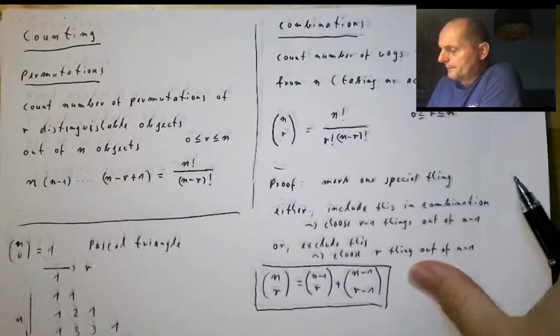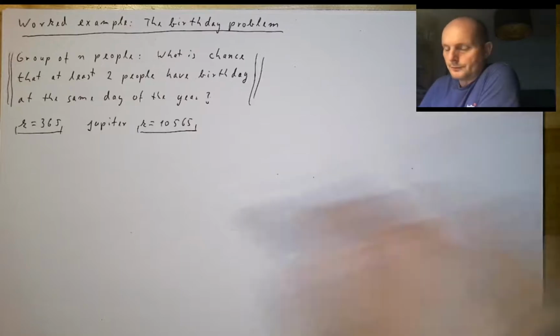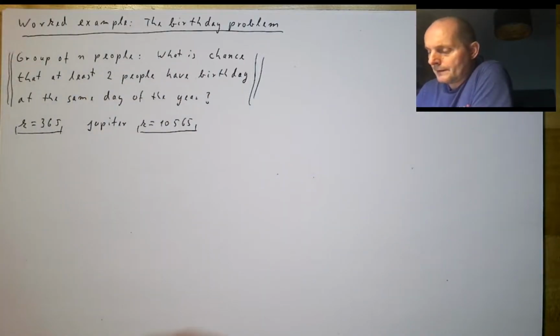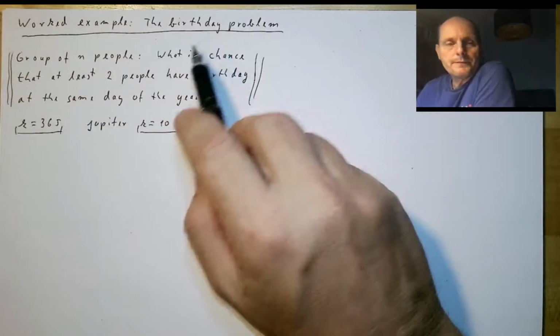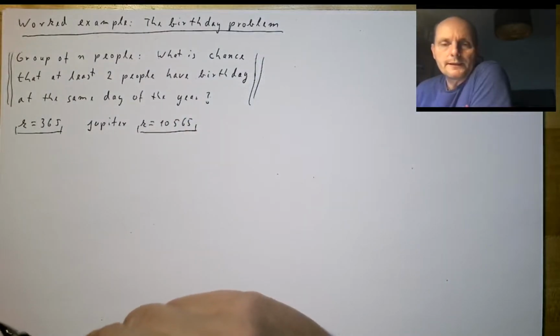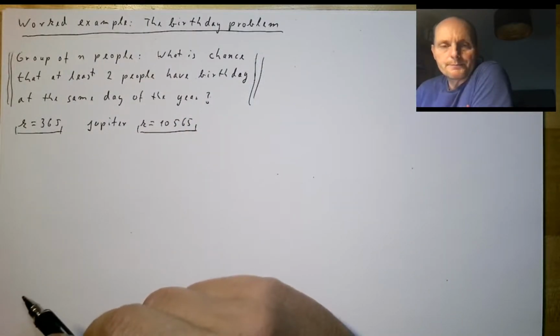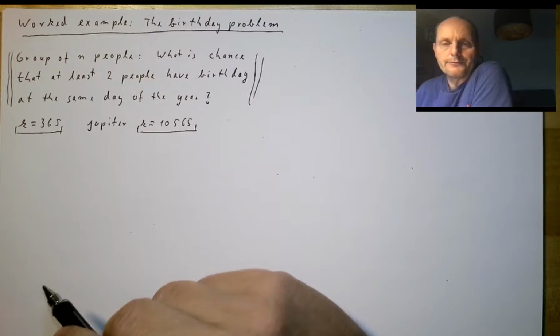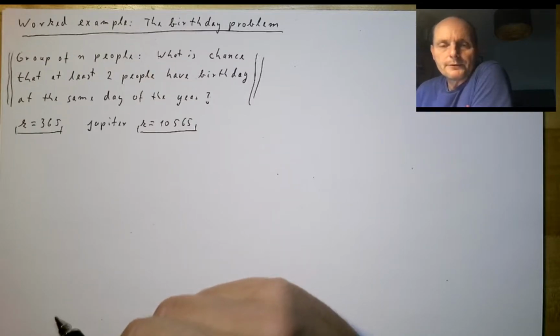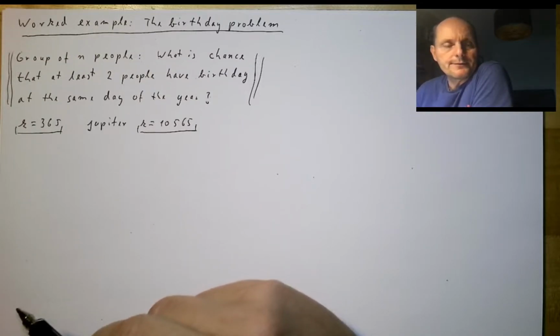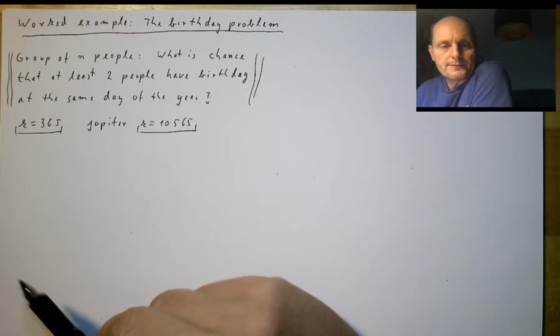Today I want to show you a worked example, the famous birthday problem, where we learn how we can rewrite such factorials in analytic functions, so we have a more powerful technique to solve such problems.